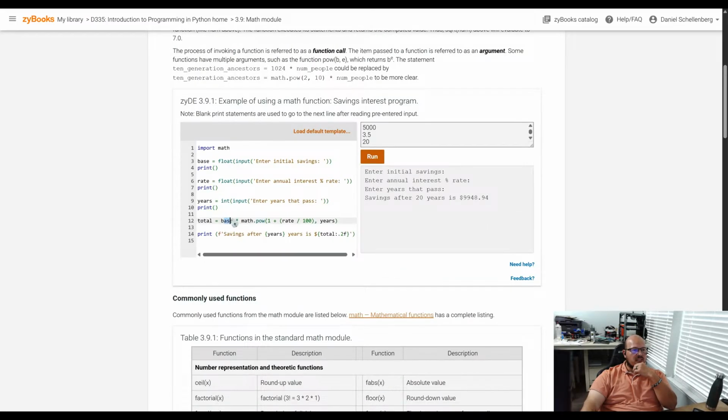So it's base times, and then it calls for the module math and uses the pow function, 1 plus rate divided by 100, to the power of years, which is the variable here. Nice. Okay.